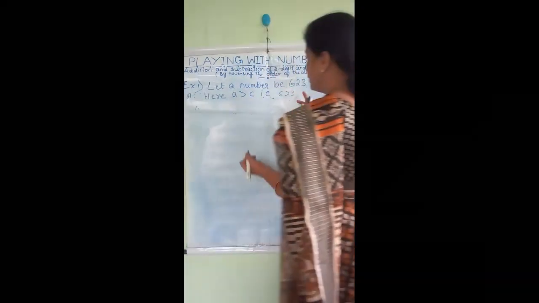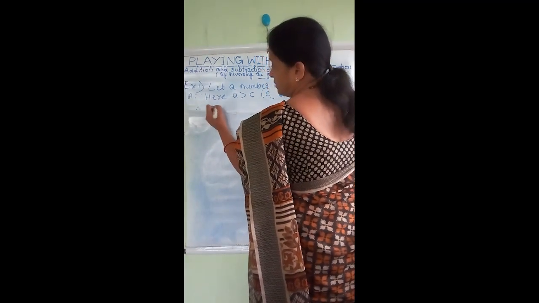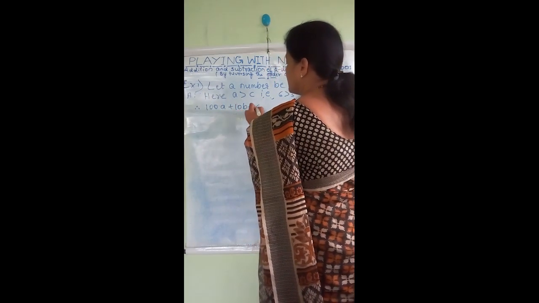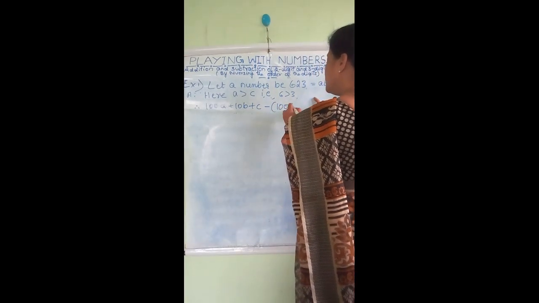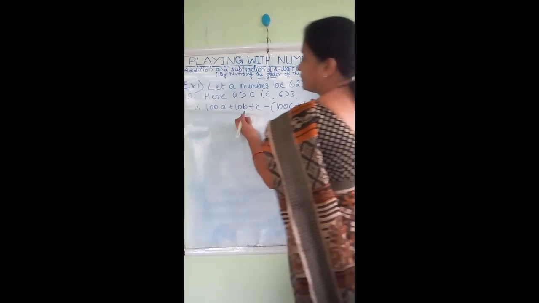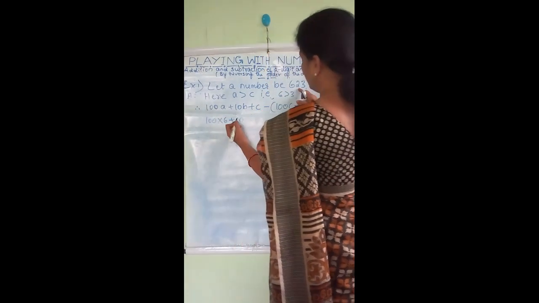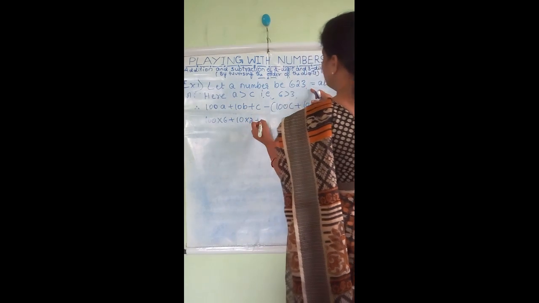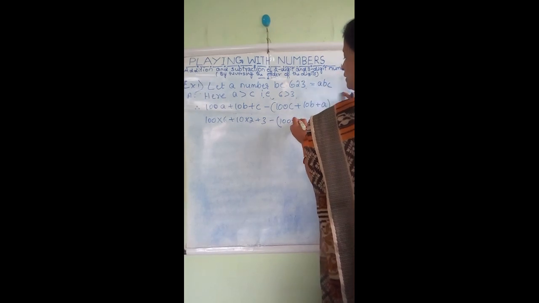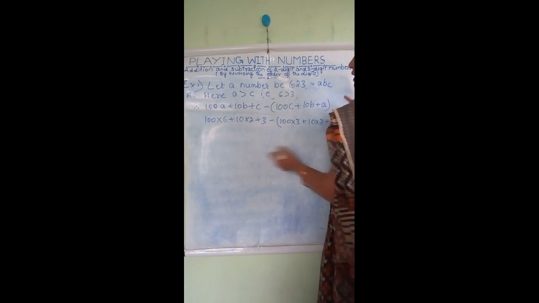Therefore, what you have to write according to the rule? You have to find the difference of 100A plus 10B plus C minus 100C plus 10B plus A. That is equal to 100 into 6 plus 10 into B value 2 and C value 3, minus 100 into C which is 3, then 10 into B which is 2, and A which is 6. Like this you have to write.